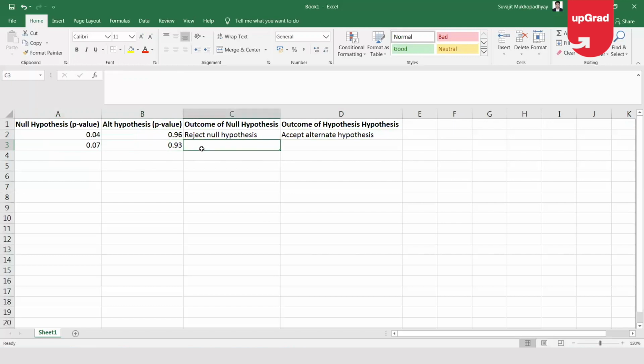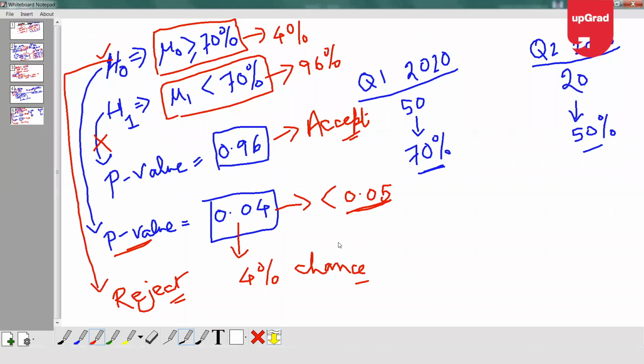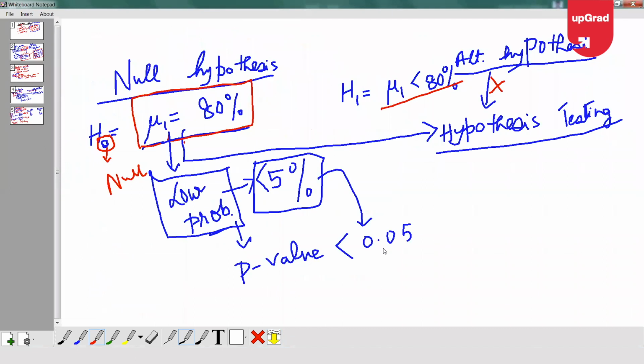So can I reject the null hypothesis now? Unfortunately, no. Because I had said that this is the range, this is the number or the matrix which we should take as baseline, right?